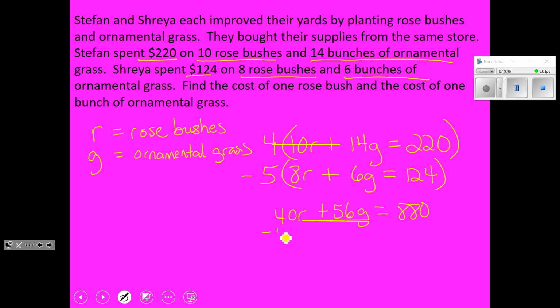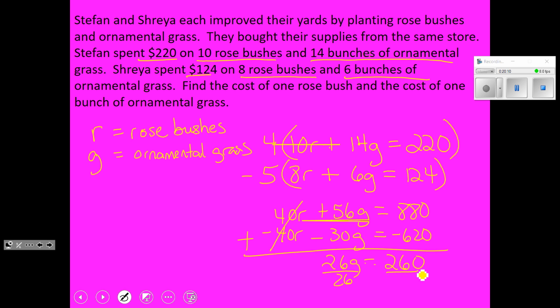Over here, this will be -40R and -30G and negative 620. I can add them together, and this will be 26G equals 260. So when I divide by 26, G is equal to 10. So the ornamental grass is 10. 10 what? It is $10.